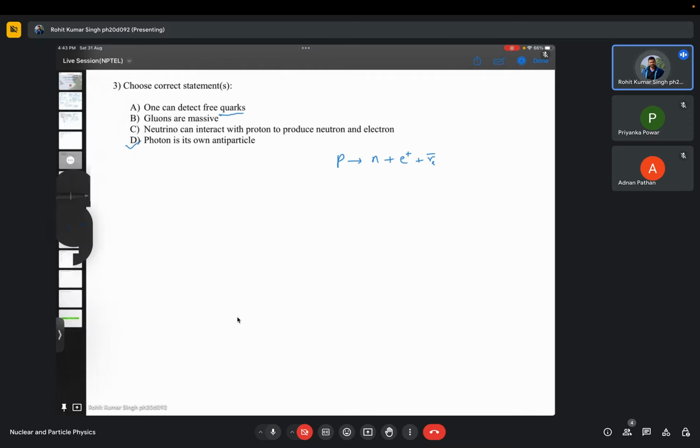First thing, this reaction only happens inside a nucleus. It cannot happen for a free proton. So protons are very stable. Why is that? Why can it not occur for a free proton, outside the nucleus?